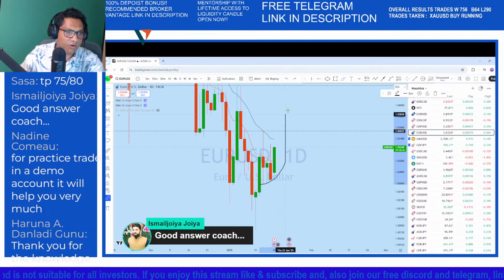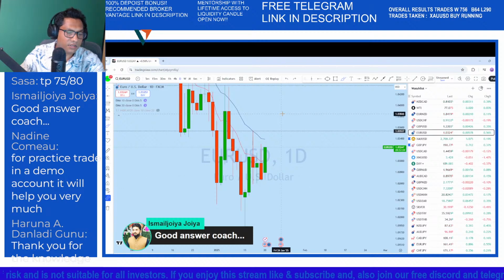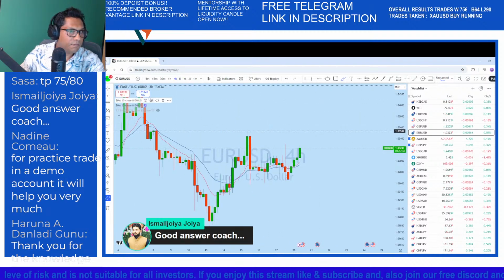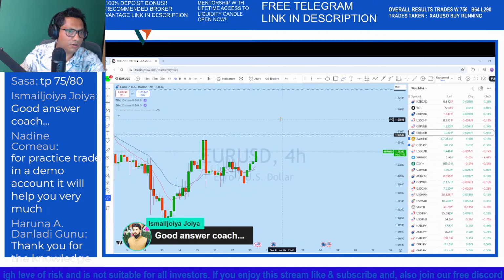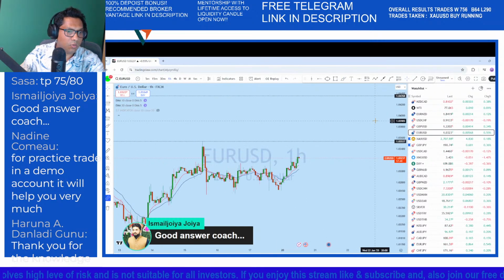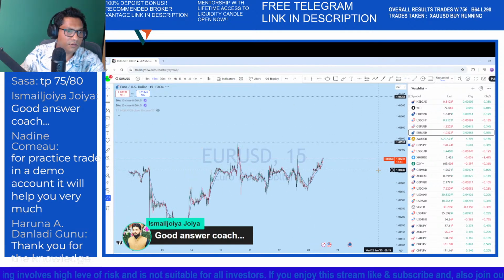With that series of higher low formation, the market is at that resistance line. Then from the 4 hour perspective, okay, so EURUSD, looking at the 1 hour and 15 minute charts.